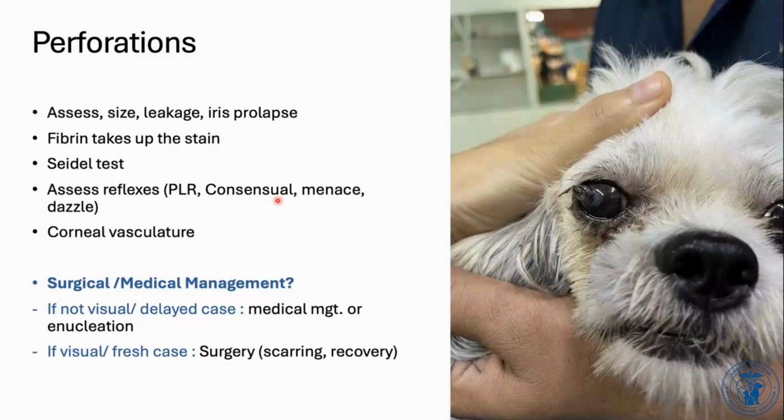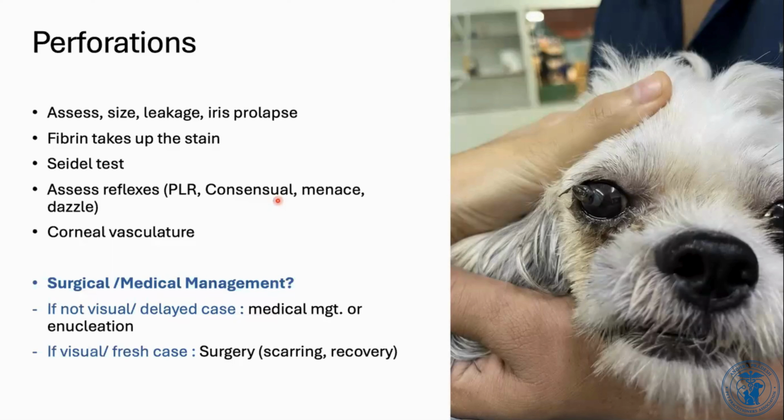So I always see the pupil margins in such cases. If the pupil margin is visible, or there are reflexes in the eye, or even if sometimes PLR is not possible to see in such eyes, I'll go for a consensual PLR. I'll put the light in the affected eye and see the PLR on the other side. That will also give us an idea of how much retina is working.